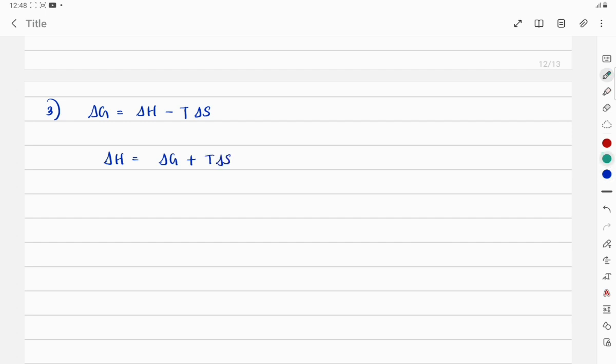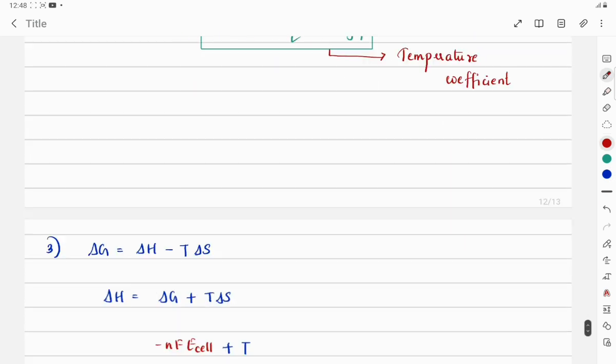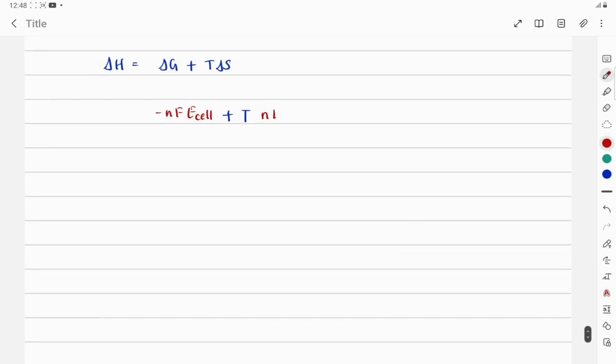What is delta G? Write it as minus NF E cell plus T into, what is delta S? We know it is NF dou E cell by dou T at constant pressure. So in here you see we have NF common. So let's take it outside. Taking NF outside, what is left?